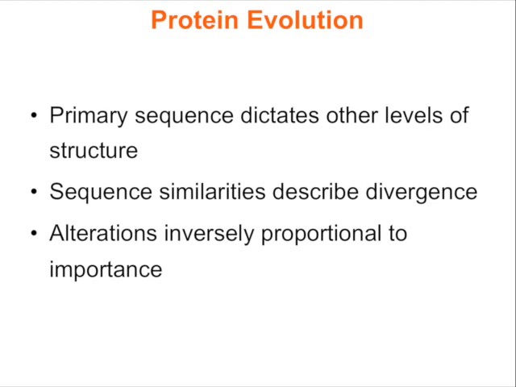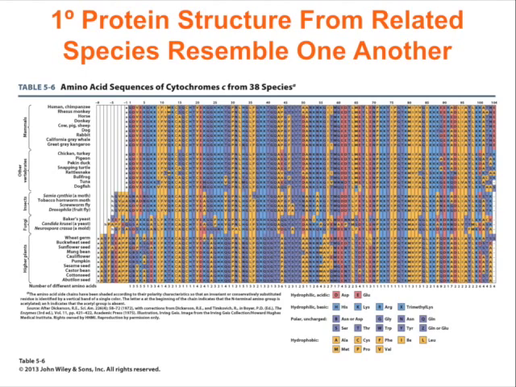And we can see that here with cytochrome C, which is a protein that ferries electrons between complexes in the electron transport chain. In essence, it is the chain of the electron transport chain. Complexes can't move electrons between themselves.